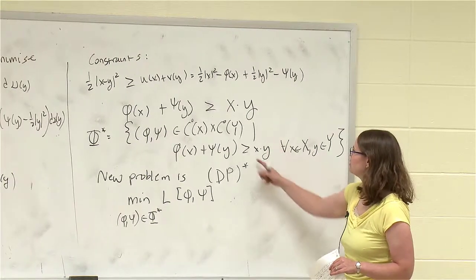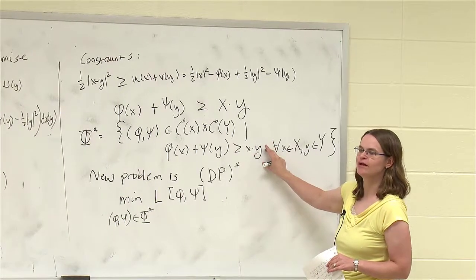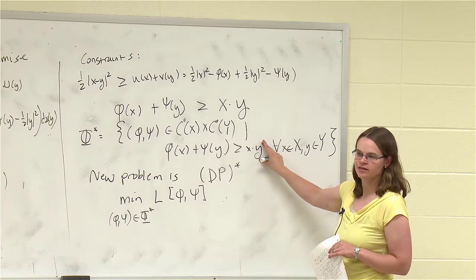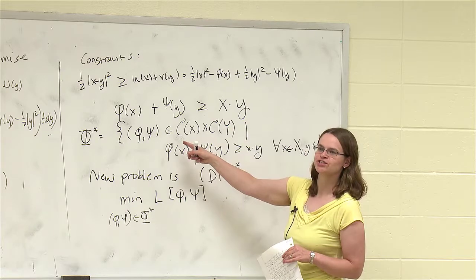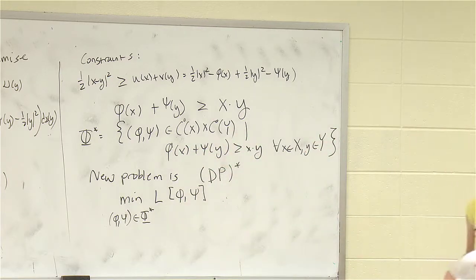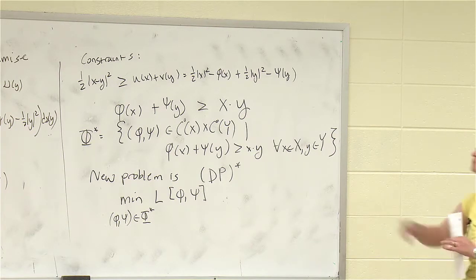That means there's bounds on what this value can take. This has a maximum. So let's say the maximum of x dot y is 1,000, whatever. I could just say, let's let phi of x be a constant function equal to 1,000, and psi of y is a constant function equal to 1,000, and now boom, this is satisfied. So this is not quite trivially, but almost trivially non-empty.